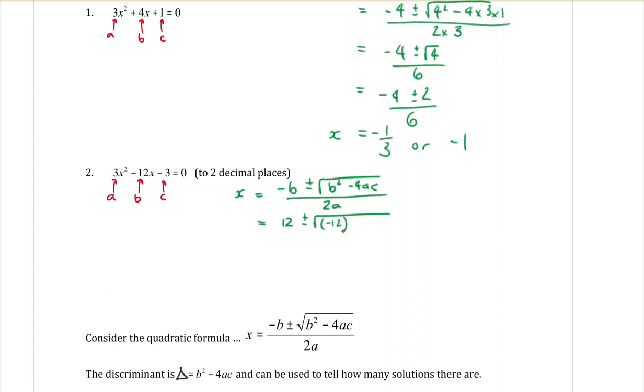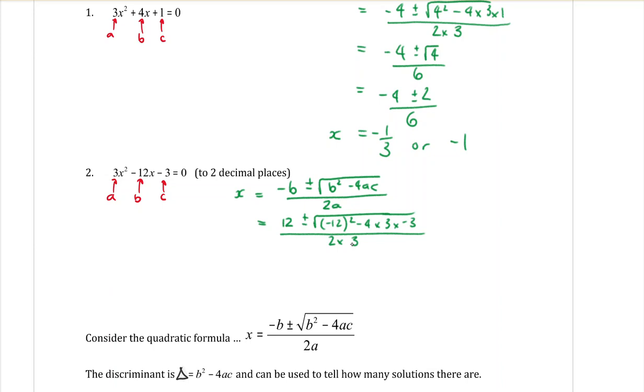Whenever you're putting a negative number in for b, please put it in brackets when you're squaring it. That's a very common mistake. People forget to square their negative and then it messes up your whole square root sign. Okay, so negative 12 in brackets squared, minus 4 times a, which is 3, times c, which is minus 3, all over 2 times a, and a is 3.